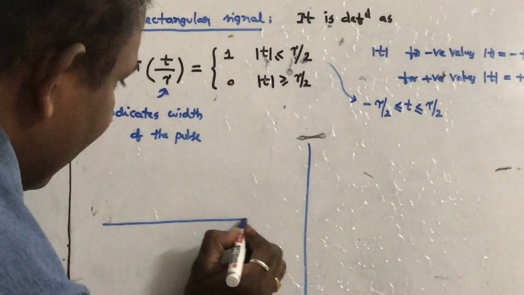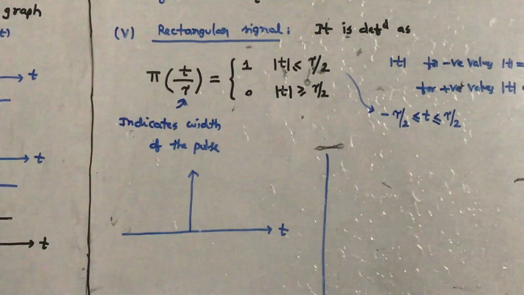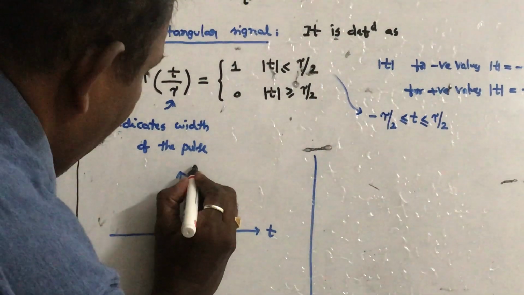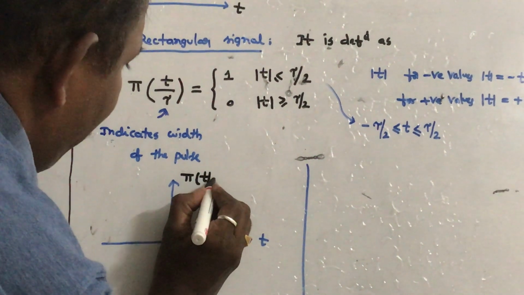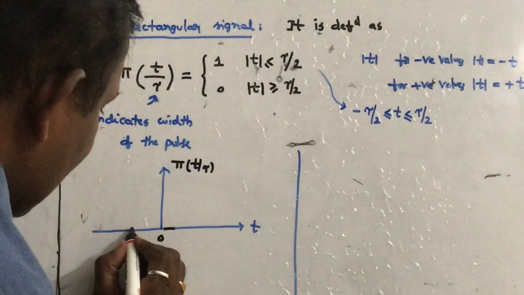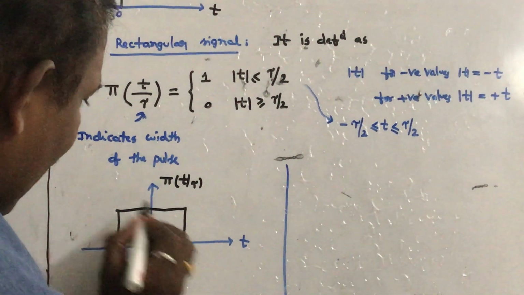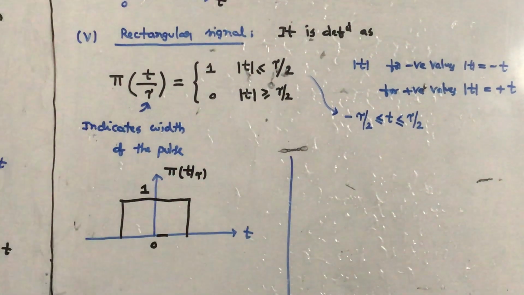So this is, say, the time axis, and this is the vertical axis. So this is pi of t by tau. As per the definition, its amplitude is 1. As the name itself indicates, it is a rectangular signal.